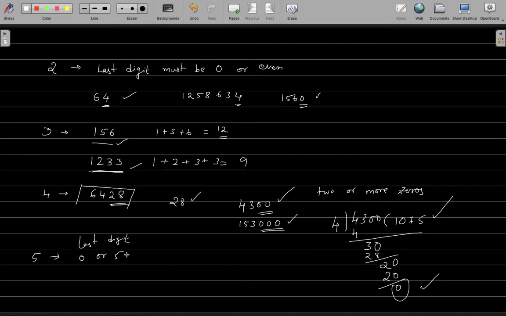And if the last digit is 5, then the number is exactly divisible by 5. Like say for example, you have any number, like 135, 195 or 4350, any such number. If the last digit is 5 or 0, you can say that the number is divisible by 5. Okay.